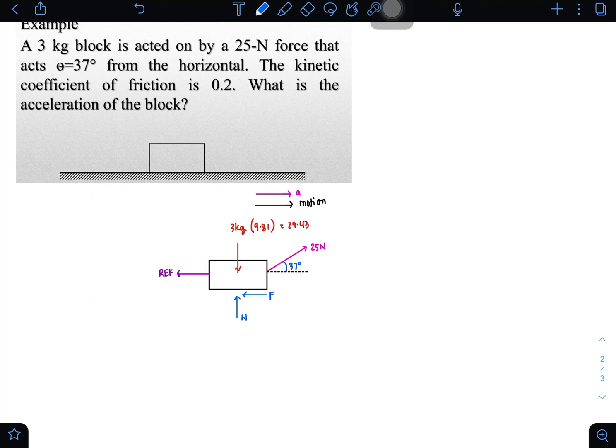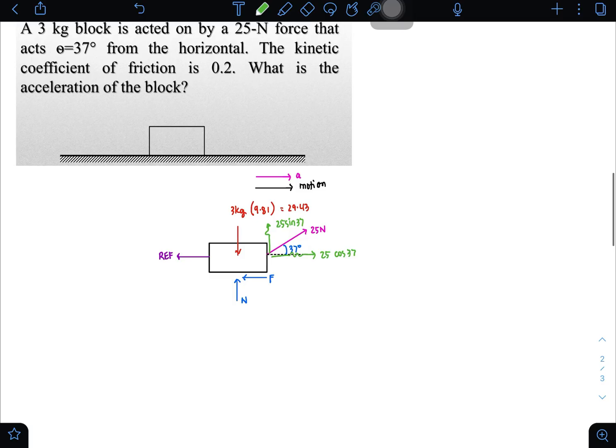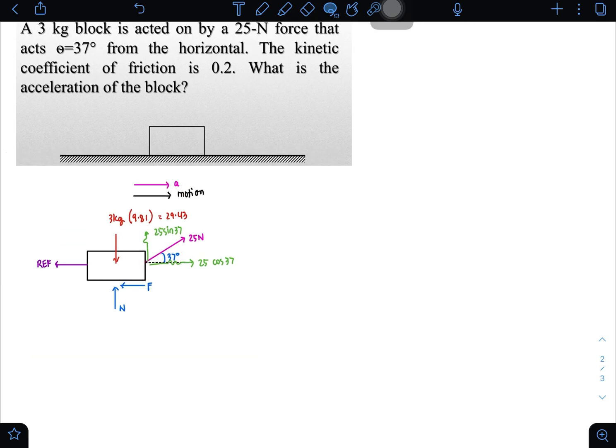Okay, so the 25 Newton force is inclined at a certain angle, 37, so we're gonna get its components. So this is 25 adjacent to this 37 degree, this is cosine 37, and opposite to this one is 25 sine of 37. So we can now apply the equilibrium equation.